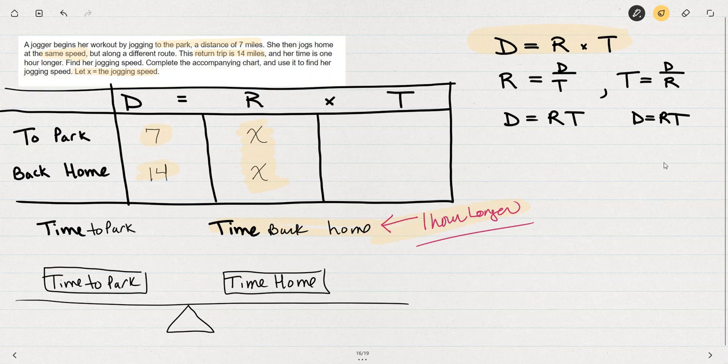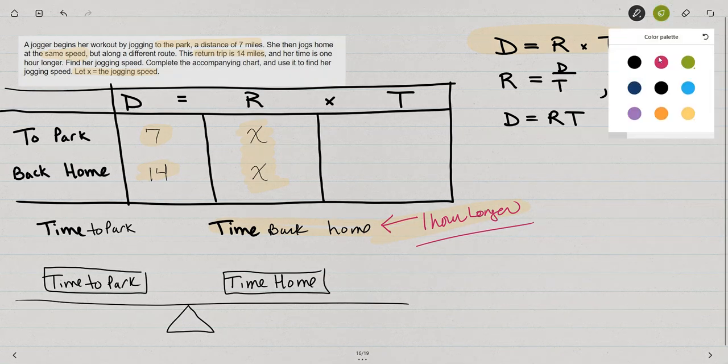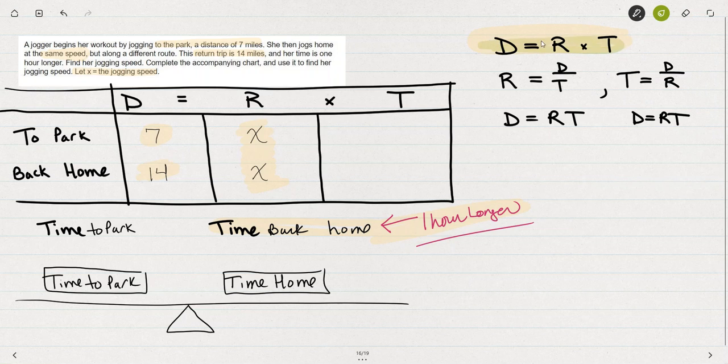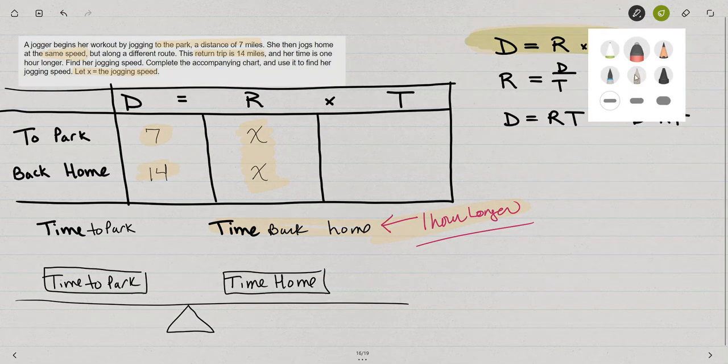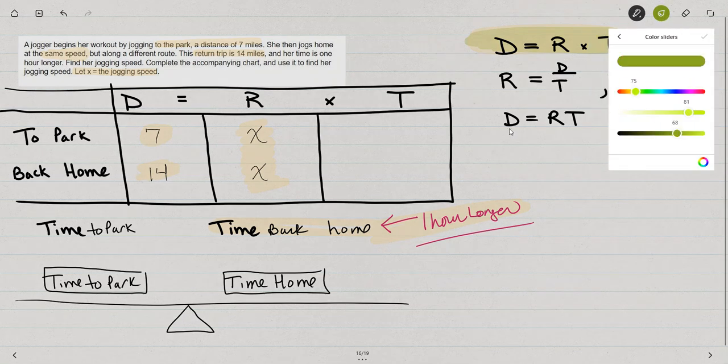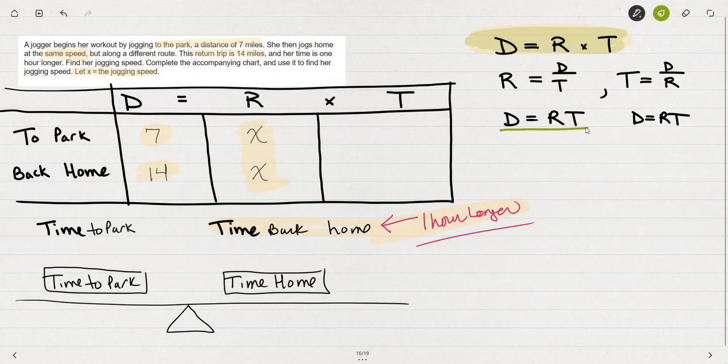To start with, we're going to use this formula that you need to commit to memory, distance equals rate times time. If distance equals rate times time, then I can solve for time by dividing both sides by rate.